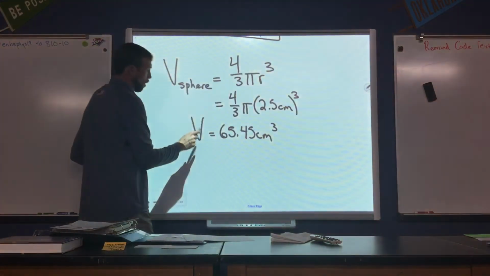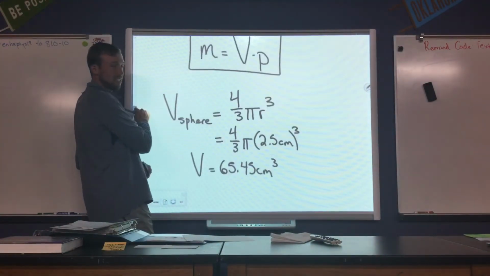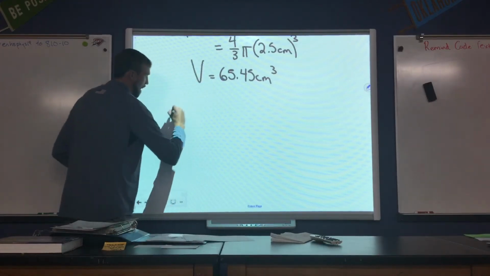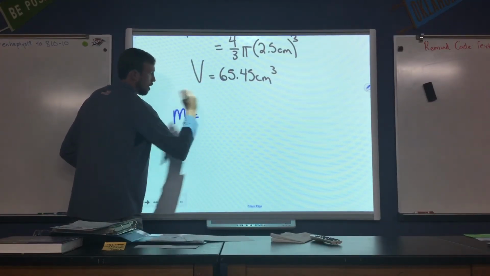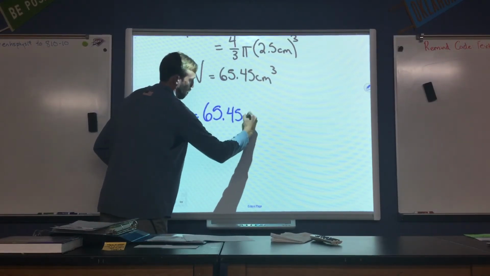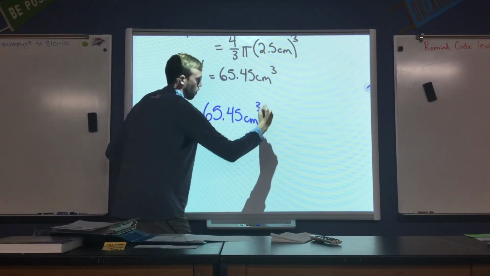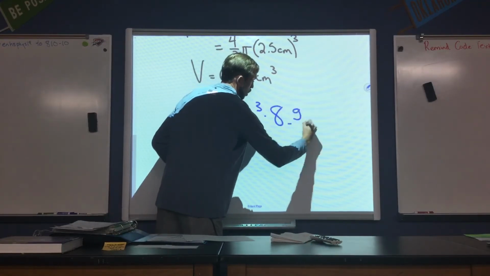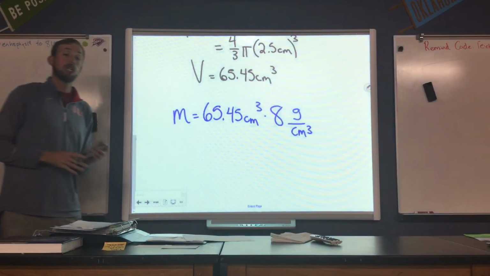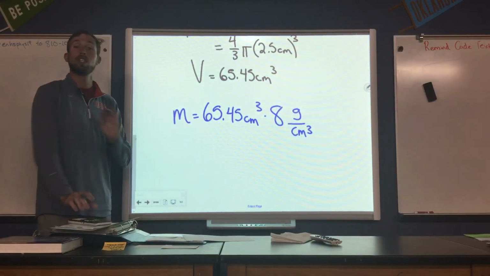Now that we have our volume, and we also know our density because it's iron, we can use that to determine our mass. Mass, according to the equation that we have, is equal to our volume, 65.45 cubic centimeters, multiplied by our density, 8 grams per cubic centimeter. Also remember the units are a good way to double check that our equation is appropriate.